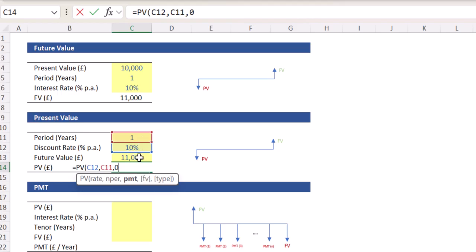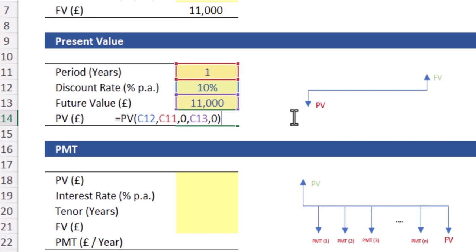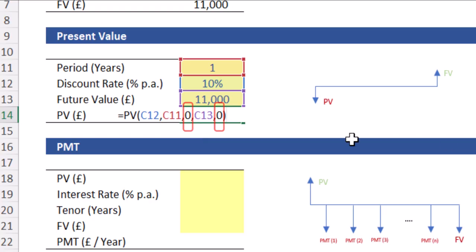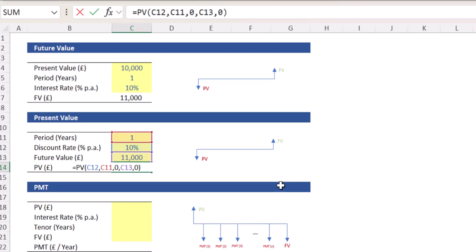And here, let's assume there is no intermediary payments in this flow of money, and that the amortization takes place at the end of the period. So these two arguments need to be zero. And as you are interested in the absolute result only, don't forget to use a negative sign at the beginning of this function, and your result should look like this.